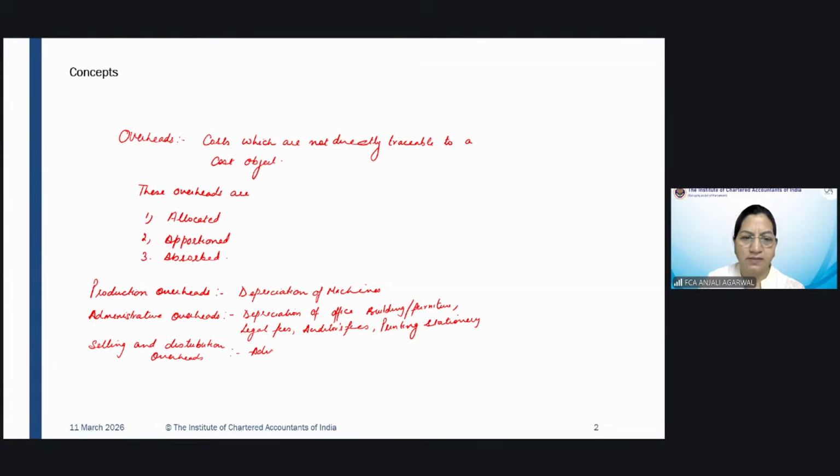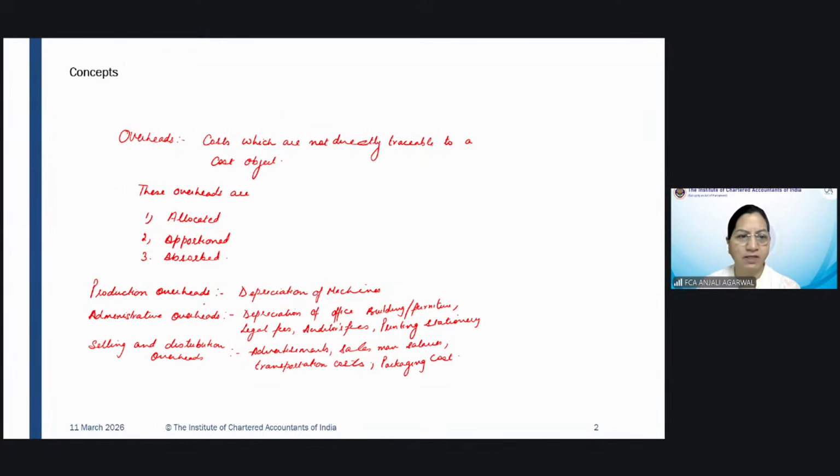So advertisements, salesmen's salaries, the transportation cost to carry the finished goods to the warehouses or to the retailers, final packaging cost of goods, cartons, etc. These are selling and distribution overheads.